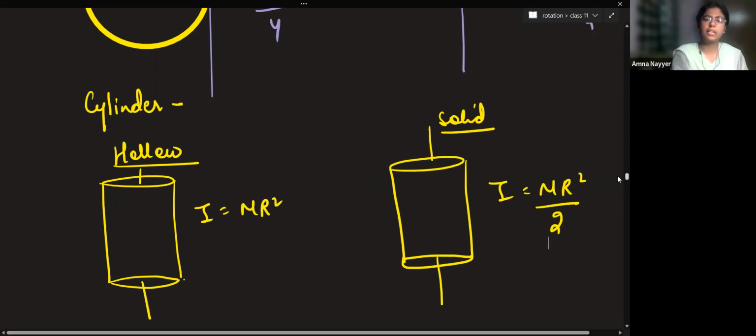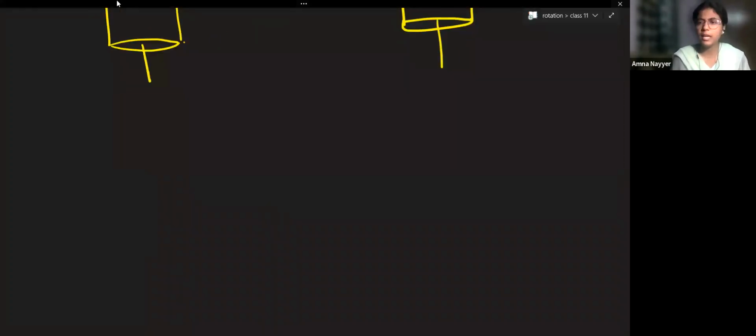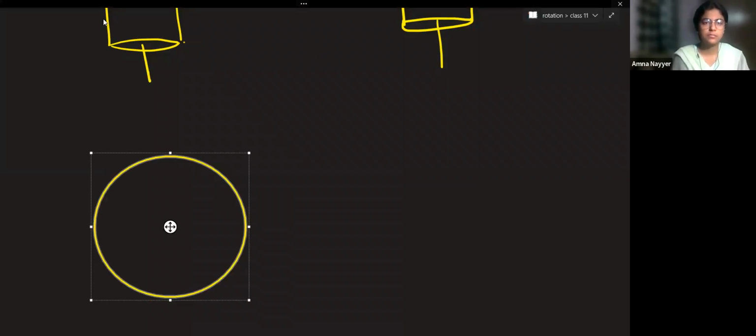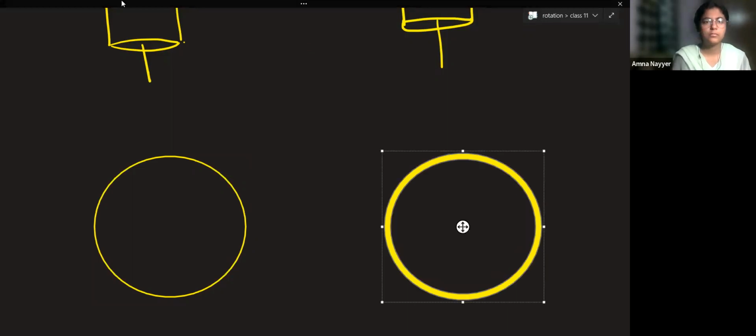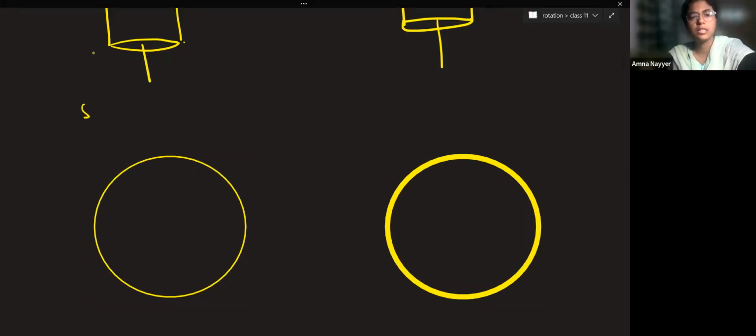Sphere also, let me tell you, if anything is asked, it will be asked from this part only. So this you can manage yourself as well. This is a sphere.